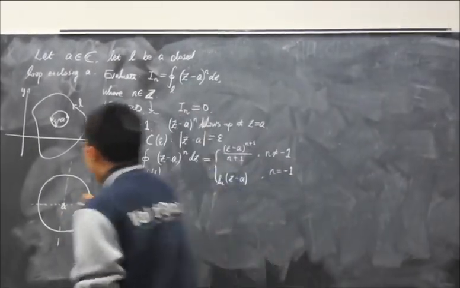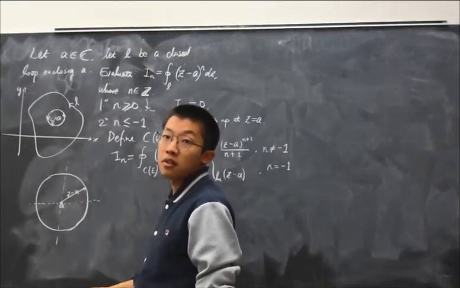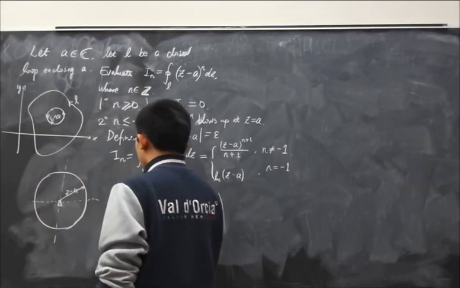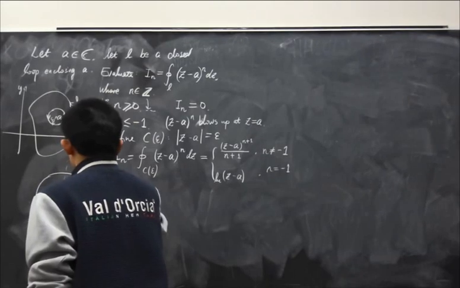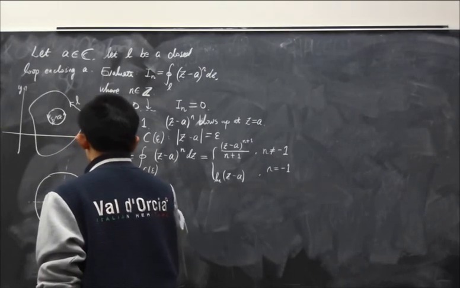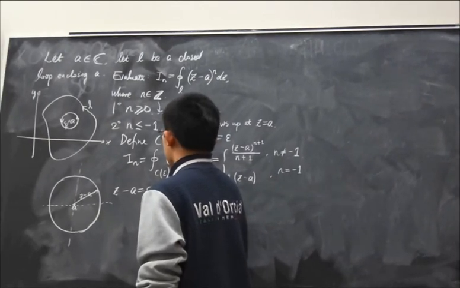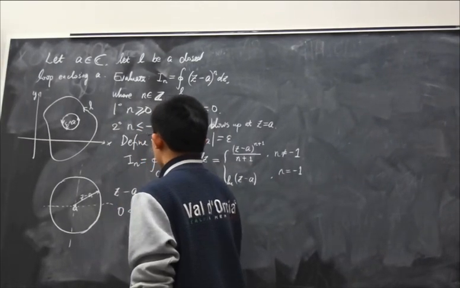In this way, this number is z minus a, right? Because it's a circle with radius epsilon, we can obviously say z minus a equals epsilon times e to the i theta, where theta goes from 0 to 2 pi.